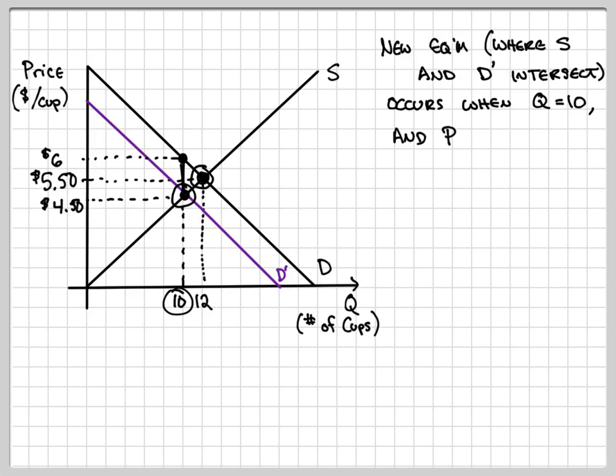And the price that the seller receives for the good is $4.50. The price that the buyers pay is $6. And the difference is $1.50, or the value of the tax.